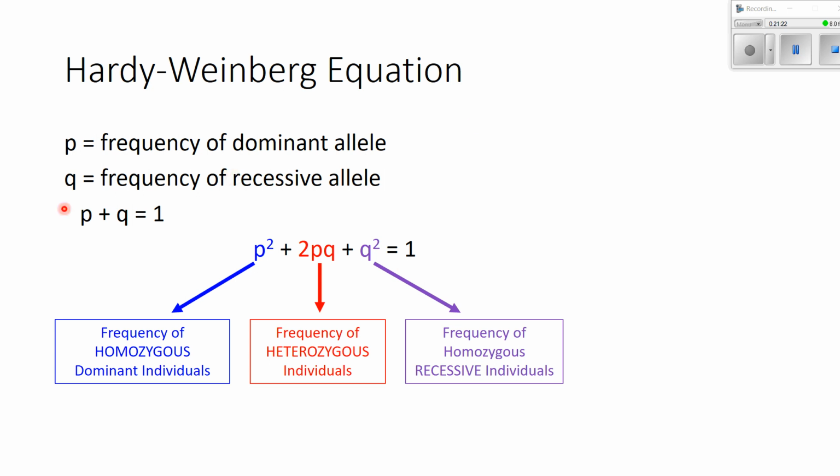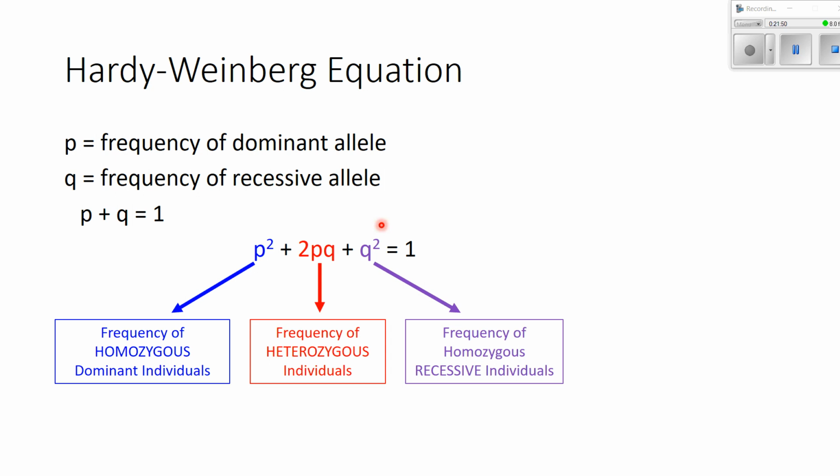They either have to give you P or Q, or they have to give you Q squared, or they have to give you enough information to where you can figure out what Q squared is.